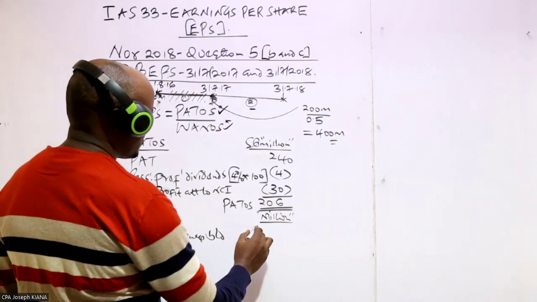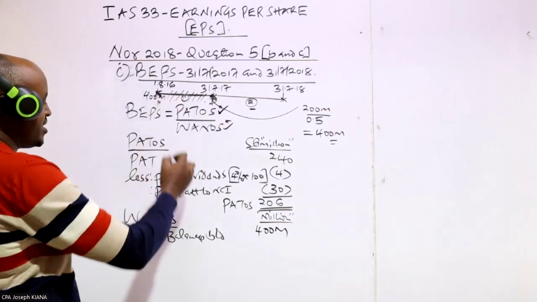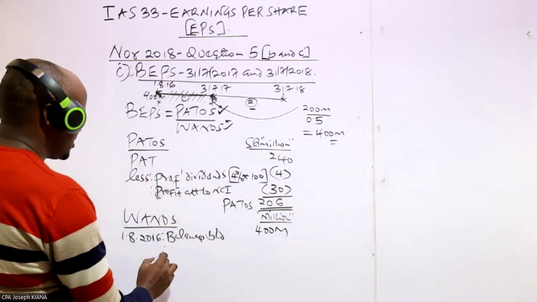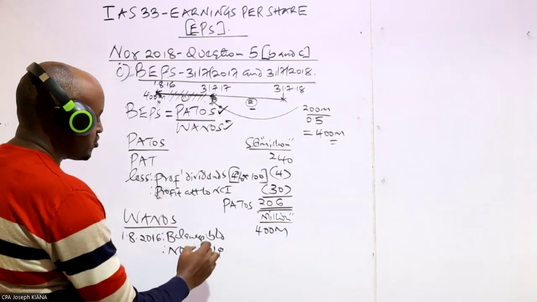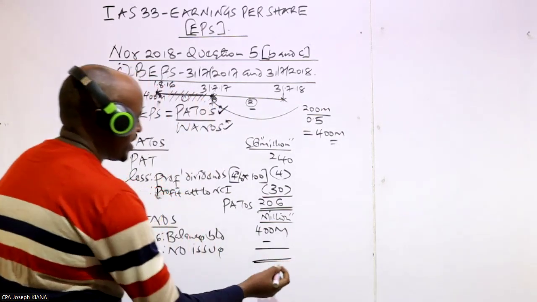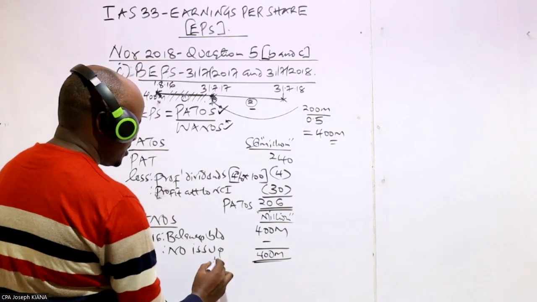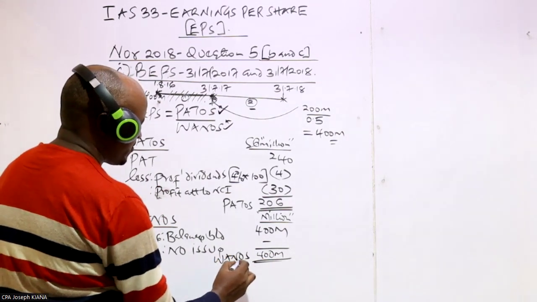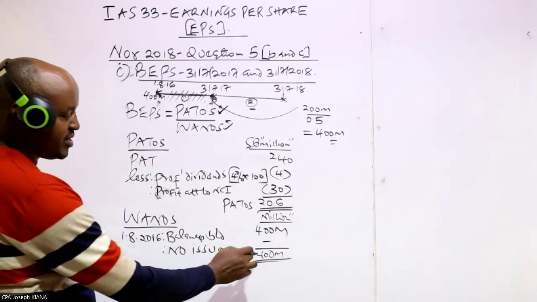So the shares issued at the start of the first year were 400 million. During the first year, there was no issue, because if there were any, then we would add them here. So the weighted average number of ordinary shares for the first year will be 400 million.